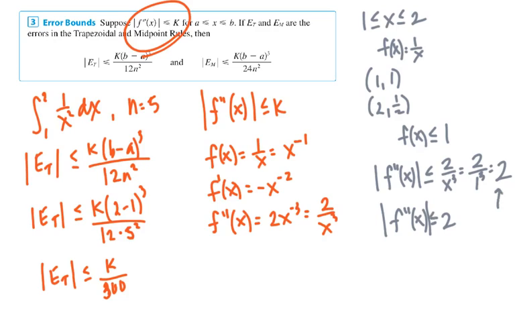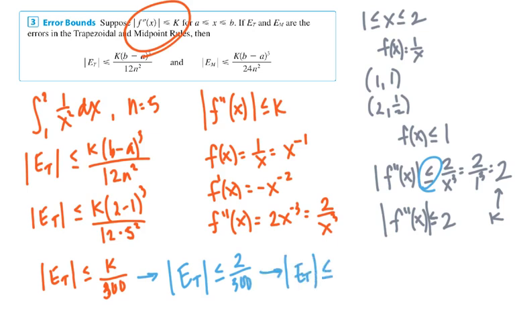So 2 is our k value. That less than or equal to came down from right here. It carries down. So that means we can put 2 in here for k. E sub t is less than or equal to 2 over 300. So the absolute value of e sub t is less than or equal to 1 over 150.